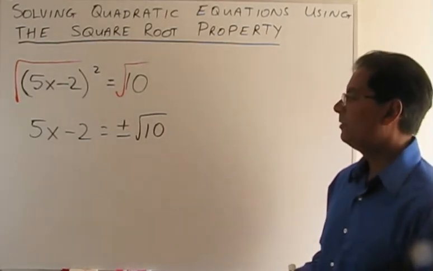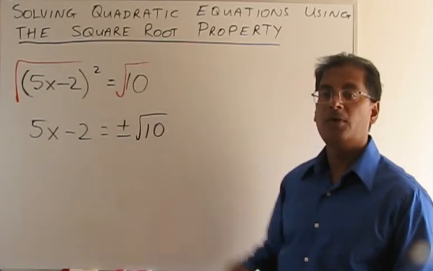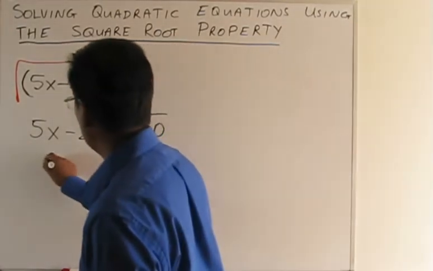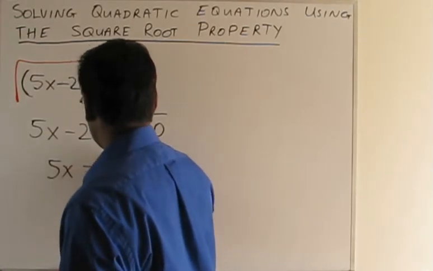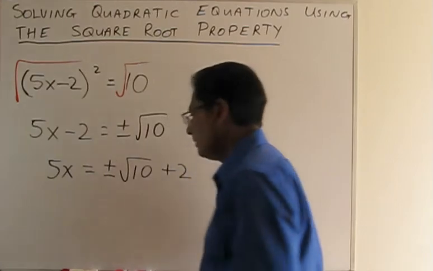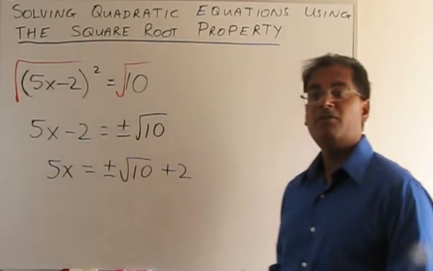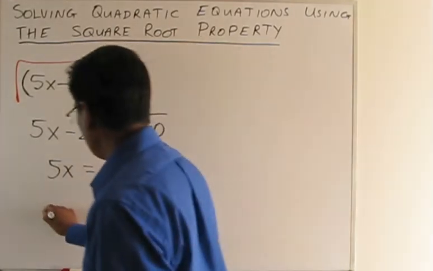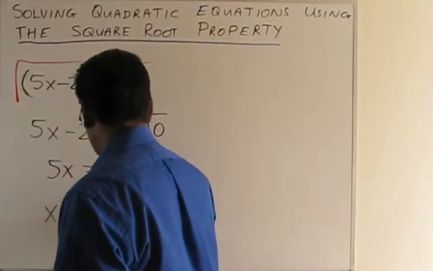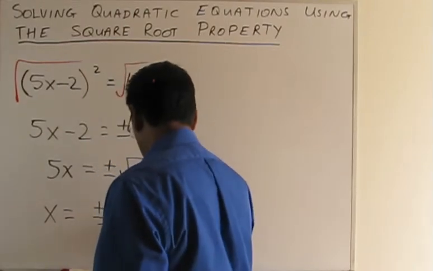We have to isolate x by first adding 2 to both sides, to get 5x = plus or minus root 10 plus 2. Then we can divide both sides by 5. So we find our answer is x = (plus or minus root 10 plus 2) over 5.